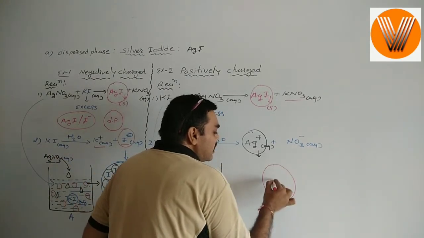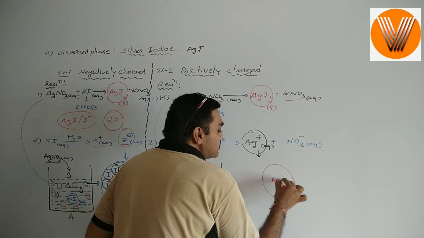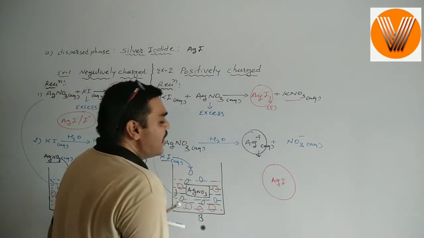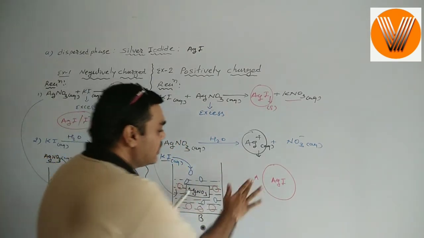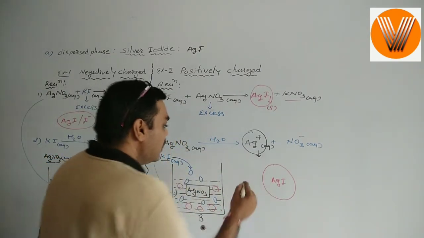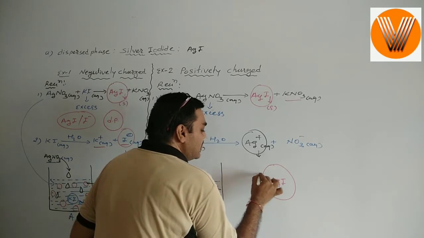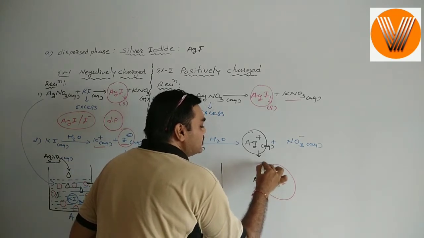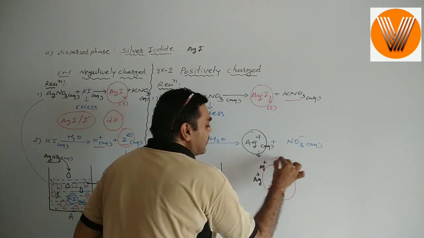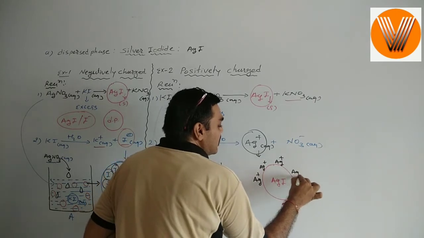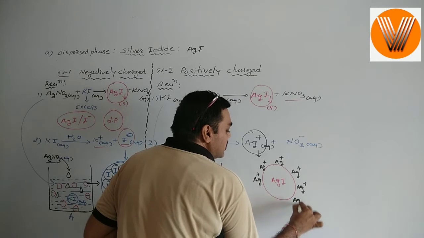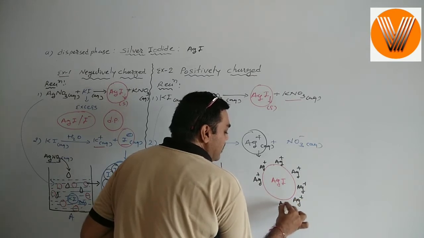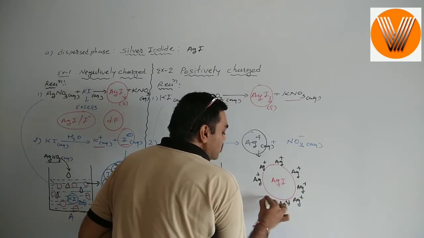You can consider Ag plus particles on top of AgI, silver iodide. The Ag plus positively charged ions are attracted to this precipitate and adsorbed on the surface.